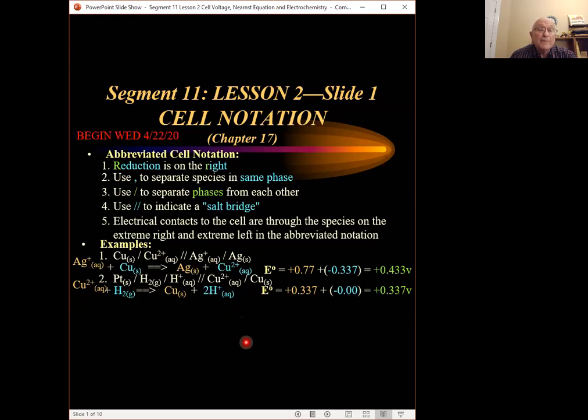And we have to discover whether it's the one we wrote or not. Now, let's look at what's happening here in this reaction. If I want this reaction to generate an electric current, then I want the copper plus 2, in this case, to be reduced.